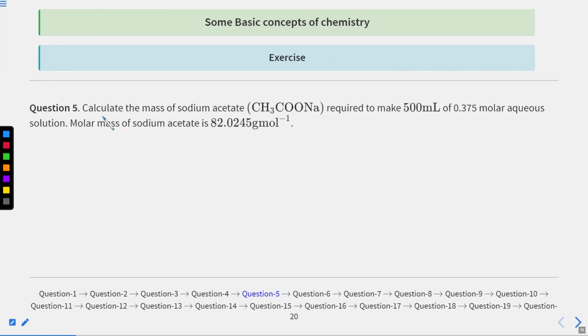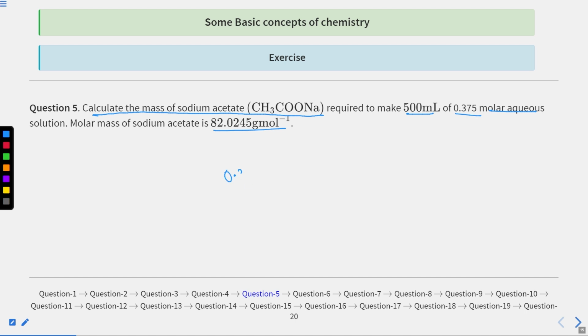Calculate the mass of sodium acetate required to make 500 ml of 0.375 molar aqueous solution. The molar mass of sodium acetate is given. So what are the things that are being given? We have to calculate for a molar solution.